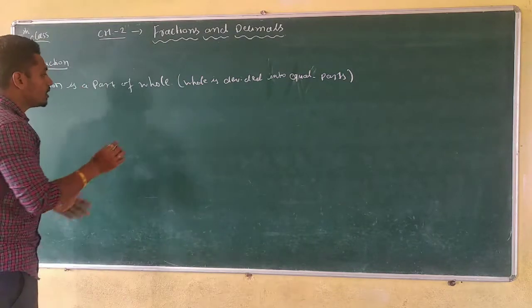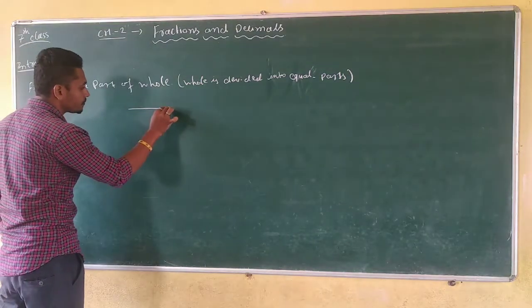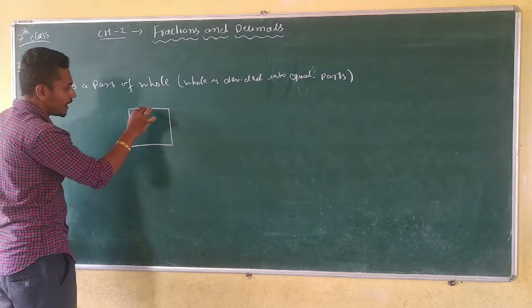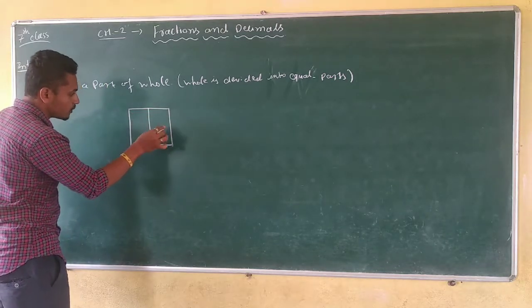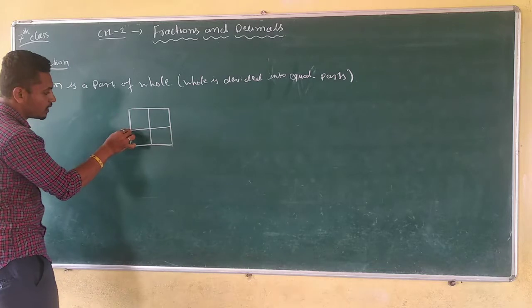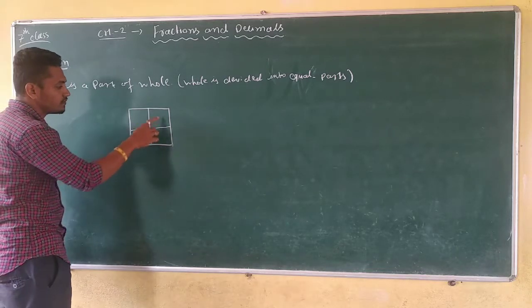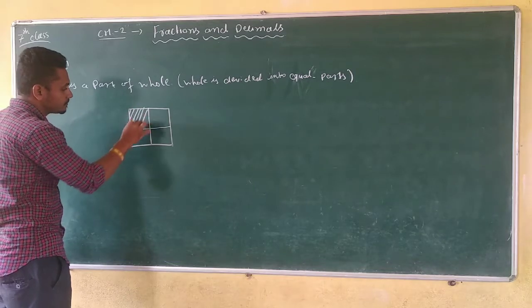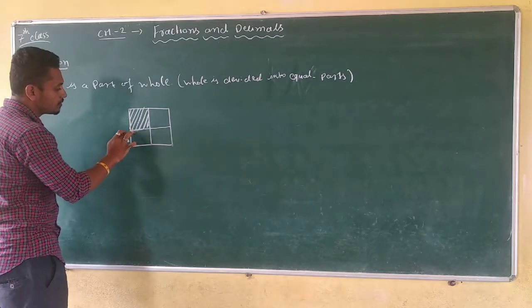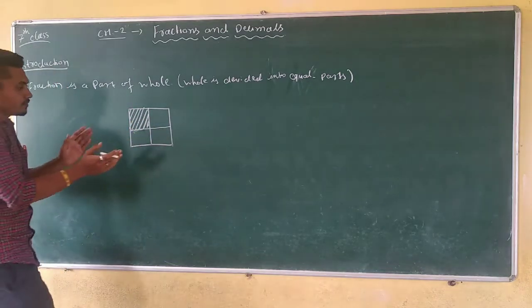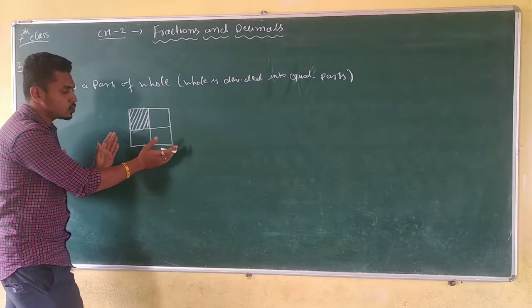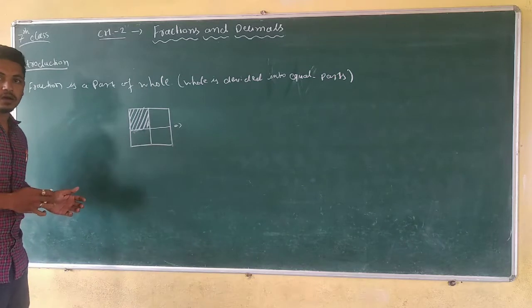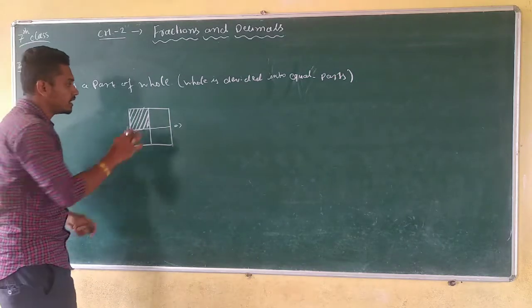See here, I will give one example. This is one square, and this whole square I divided into 4 equal parts. 1, 2, 3, 4. Then one part I now color. Then you have to write this colored part of the whole as a fraction. How do you write it?